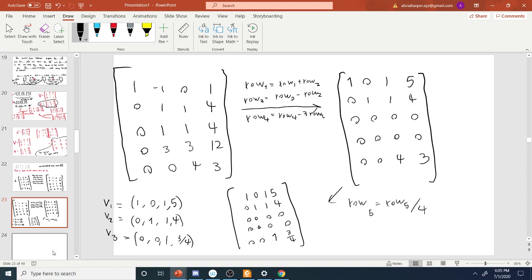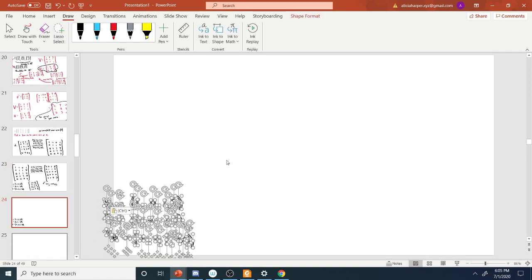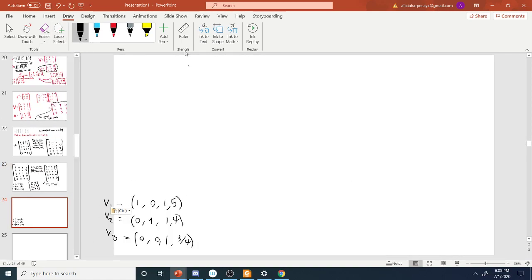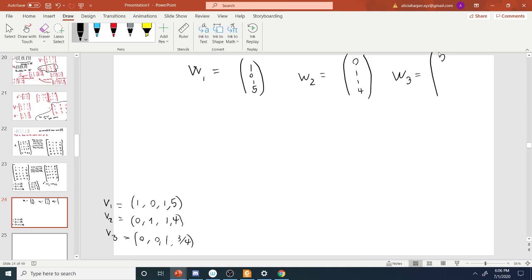So I can take their corresponding transposes, and their transposes would be W1 equals 1, 0, 1, 5, W2 equals 0, 1, 1, 4, and W3 equals 0, 0, 1, 3, 4.